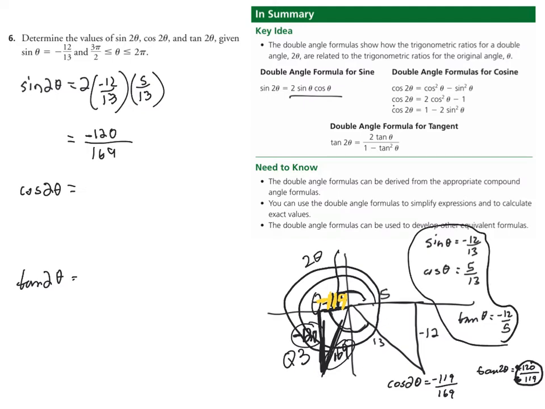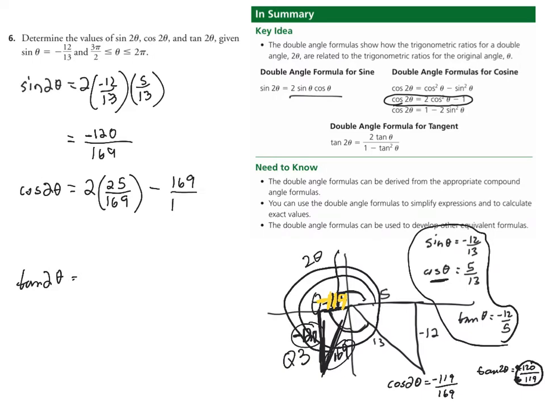All right, we can choose any one of these. Let's do this one this time. So cos of 2 theta is 2 times the cos squared theta minus 1. So where's theta? Right here. Cos theta is 5 over 13, so cos squared is going to be 25 over 169 minus 1. Might as well put it over 169 though.